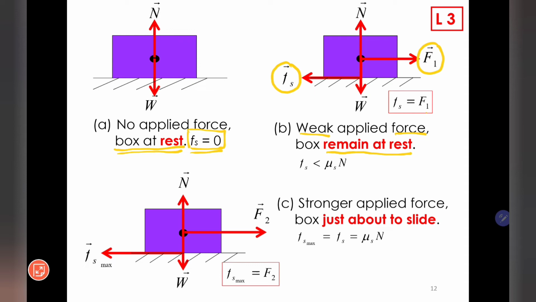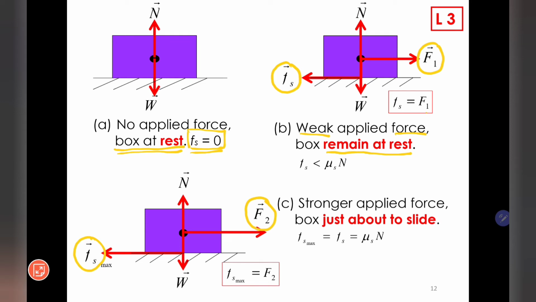Third, by applying a stronger force, F2, which is stronger than F1 before, what happens? The static frictional force exists here, but remember it must be in the opposite direction of the applied force.